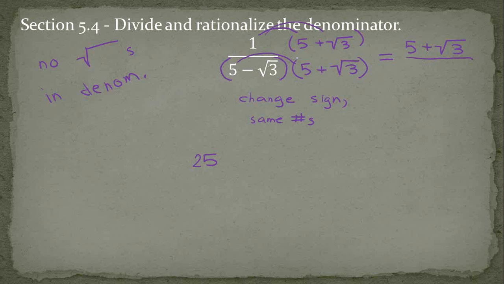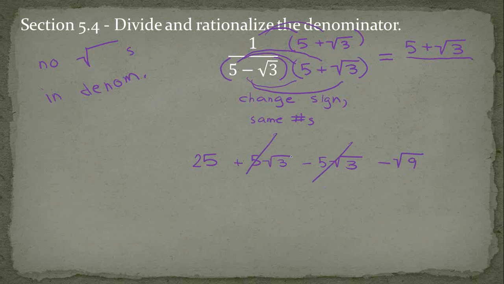Now, if you remember what happens when you multiply conjugates, you could skip the next 2 steps here. But on the outside, we get positive 5 radical 3. And on the inside, it's negative 5 radical 3. And lastly, a negative times a positive is negative, and we get a 9 inside.